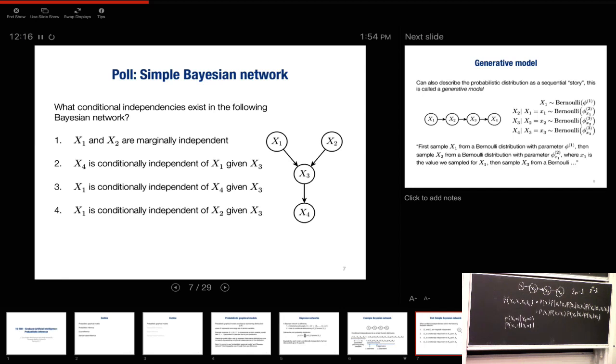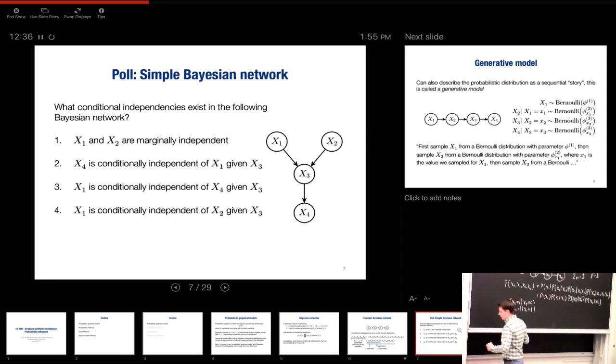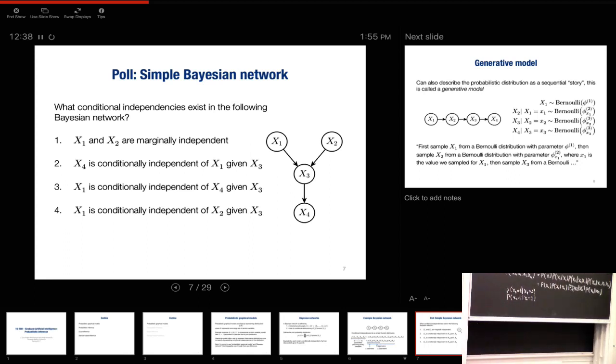So that obviously encodes some conditional independence properties. In fact, the distribution of all these things I can write down. Let me not cross that out because that's very confusing.